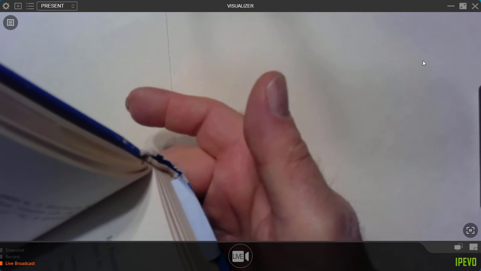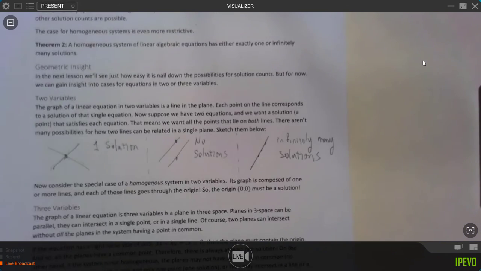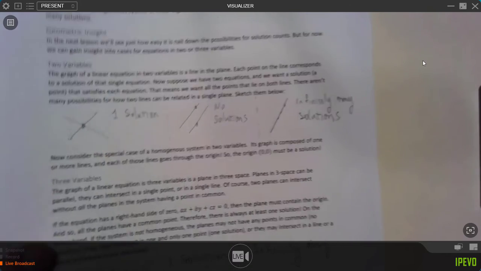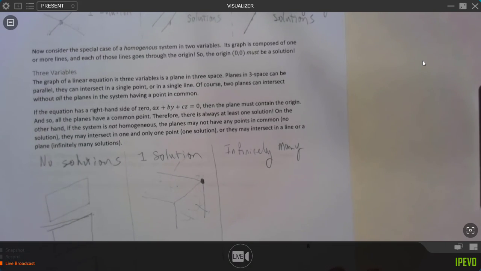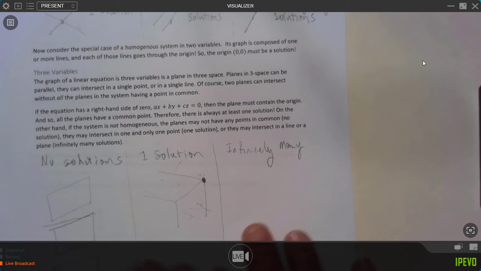So they all meet at the spine, and therefore I could have not only a two-dimensional surface, but a one-dimensional line, which is the intersection of all the planes, and that again is infinitely many solutions.